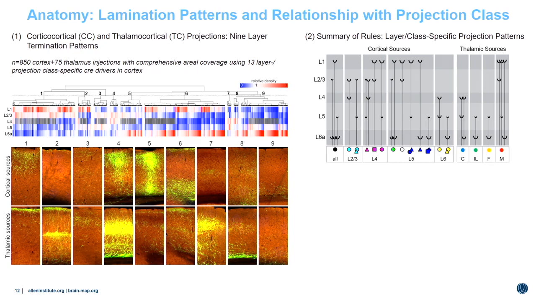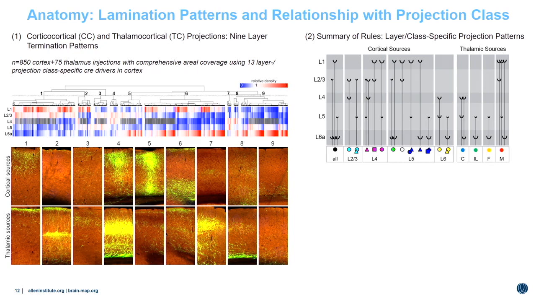So, for example, in cluster 1, the connections tend to terminate in the shallow layer, and in cluster 6, the termination happens in both shallow and deep layers.